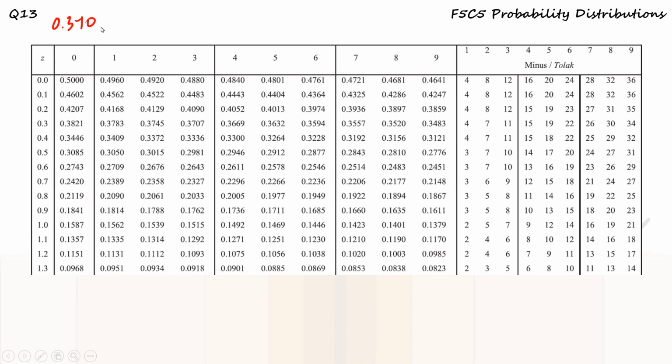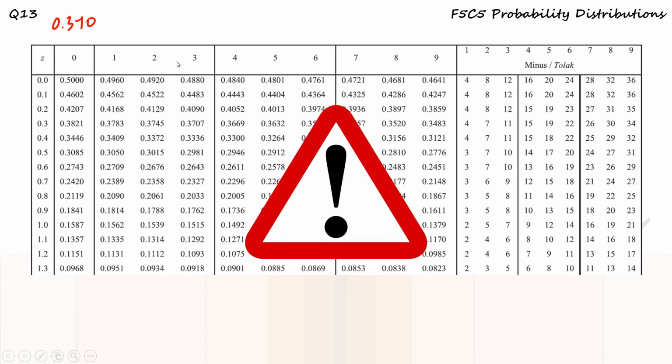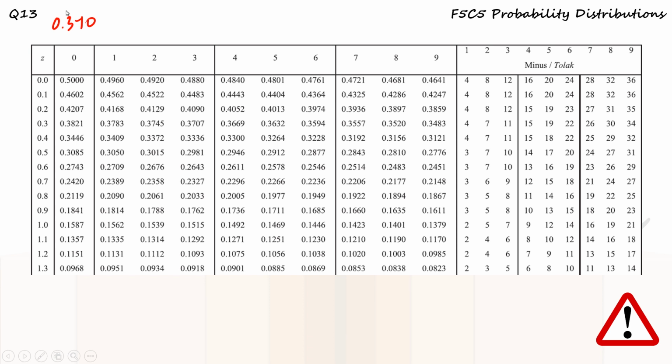Alright, so the value here is 0.370, and I need to find the value which is larger than this value but the closest to 0.37. Okay, so if you glance through, this would be the closest value to 0.37, and it is larger and closest to 0.370. Okay, sorry, I need to use another color. Wait for a while. Okay, this one.